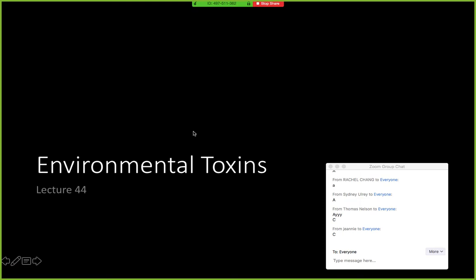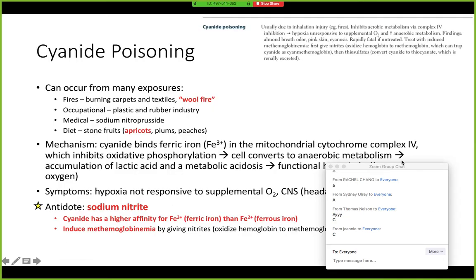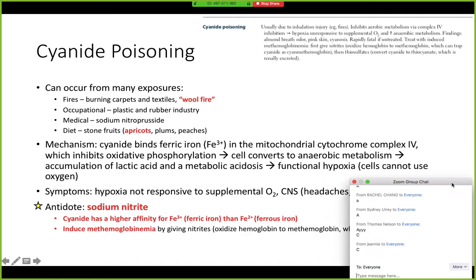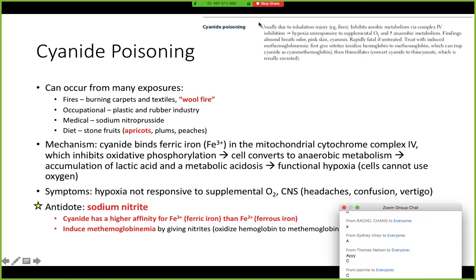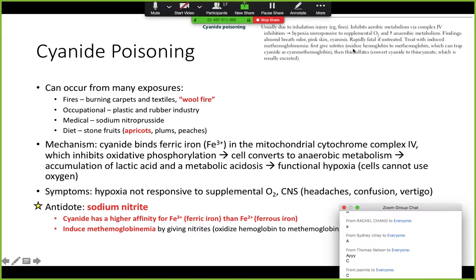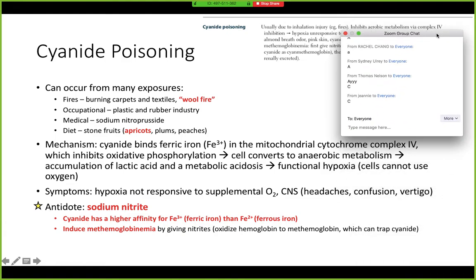Okay, one more. Environmental toxins. So, a snippet from First Aid, just for some extra reading to help clarify, but cyanide poisoning can occur from things like fires, so burning carpets and textiles, or the one she had in her slides was specifically a wool fire.